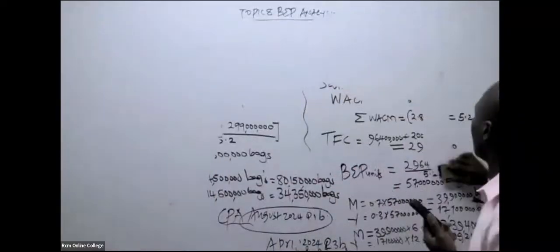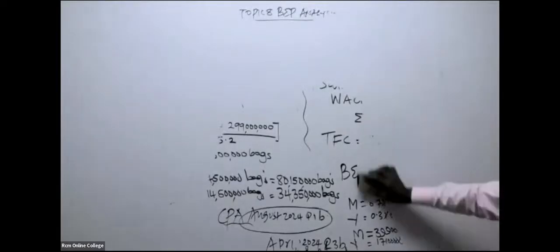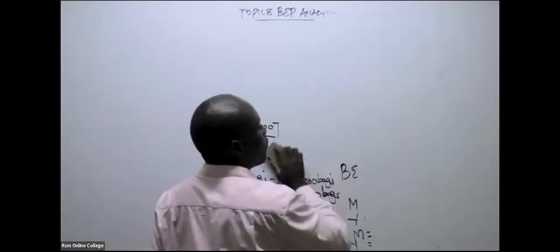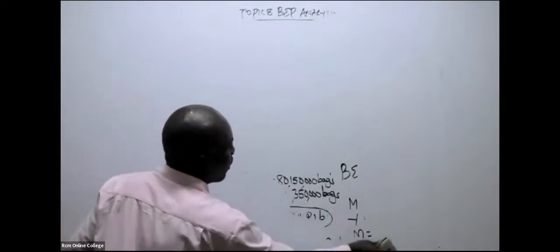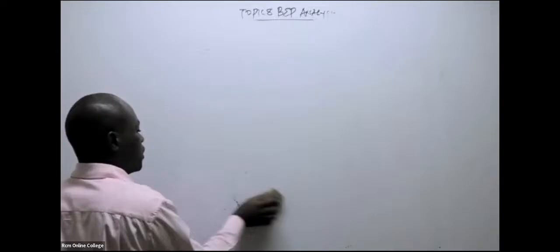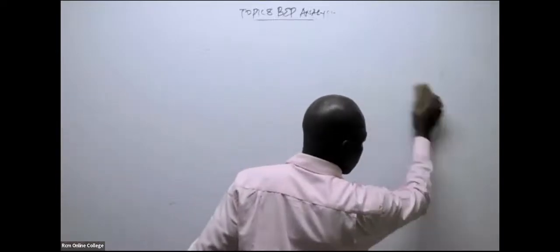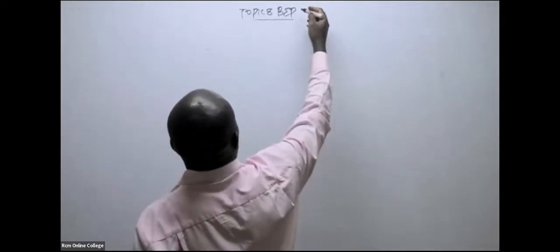How will they know the exact number of units of zeta, beta, and alpha to produce so that they maximize profit from the 28,000 skilled labor hours? So limiting factor analysis is very, very simple. It is the simplest concept under this particular topic.